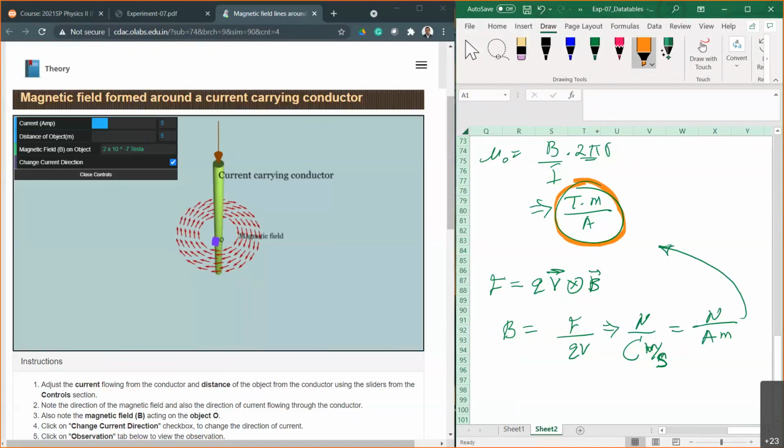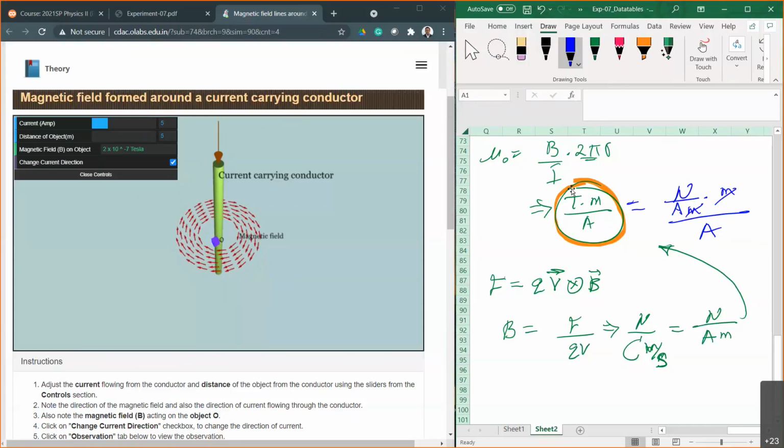Meter is unit of length, that's also fine. But if I want to look at this unit from a different angle, then I can plug it back into the Tesla. Tesla is Newton divided by amp meter. Then I have meter here, and ampere below. Meter cancels out. Technically, I can write this unit as Newton per amp squared. Okay, so both are technically the same unit, it doesn't matter, okay?